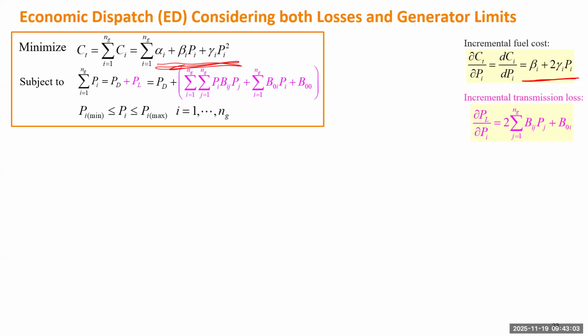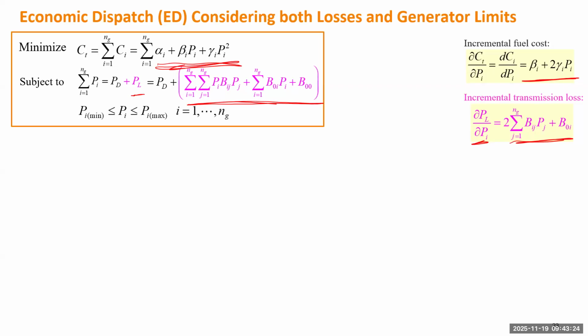So what we add to this formulation is the transmission loss. Transmission loss is a quadratic function. Then we can calculate the partial derivative of the transmission loss with respect to each generator output. This has to be a linear function, because it's the derivative of a quadratic function.